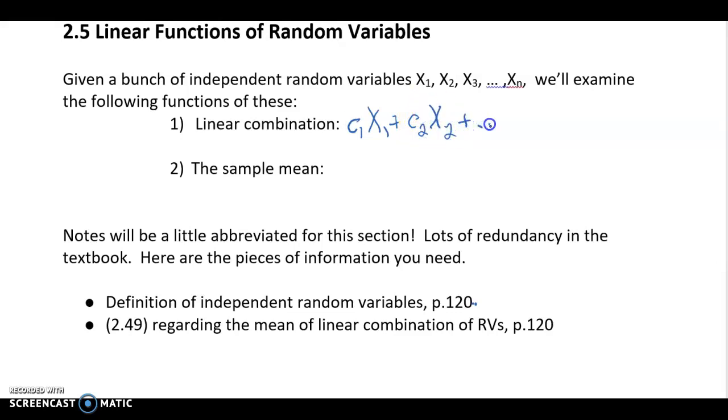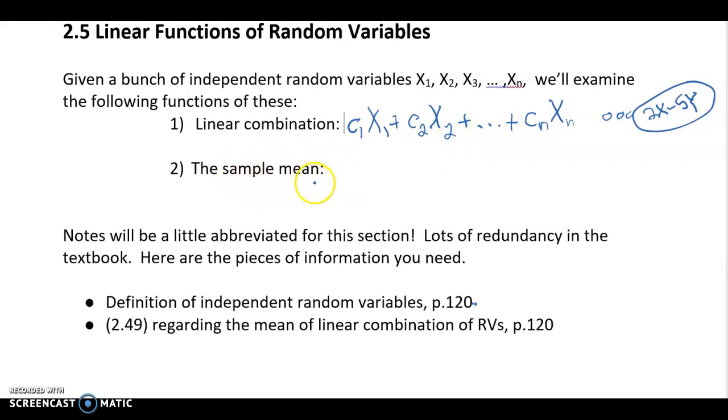A linear combination just means a linear function of these things. Really simple kind of thing. You could think of things like, if we had x and y, it could be 2x minus 5y. There's a number times x and another number times y. In this case, we're allowing there to be n of those variables, not just two.